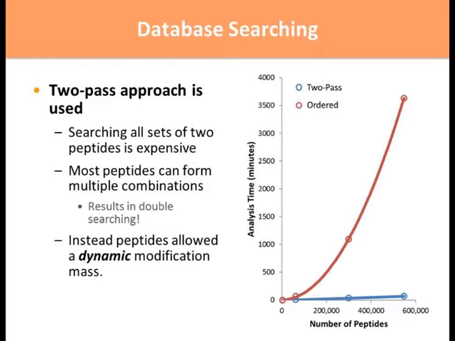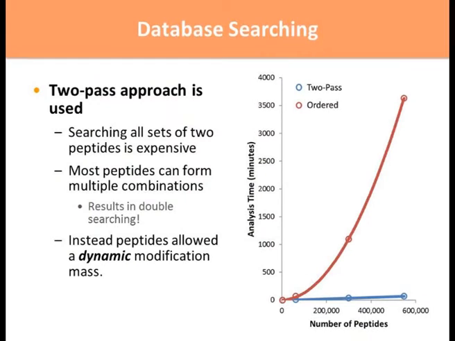This is particularly true for cross-linked peptides because not only does all of that information apply, all of those enzyme restrictions and differential modifications apply, but also you are searching combinations of two peptides at the same time, which is a quadratic complexity problem. And so as the number of peptides increases in your database, your computation time grows at this exponential level, meaning that in this case, if you were searching a single spectrum with just 1,000 peptides, it might not take much time.